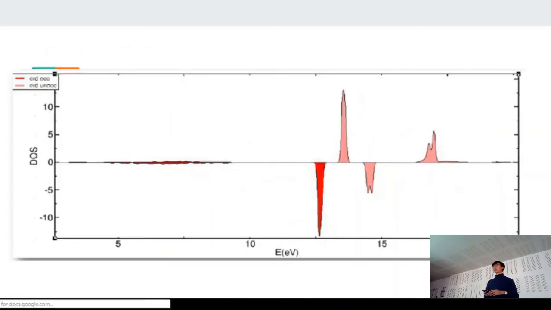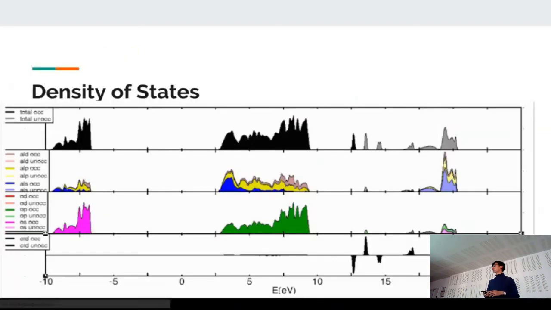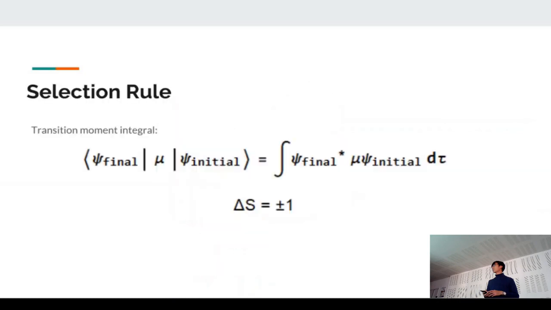Oh yeah, can we go back to the selection rules? So Professor, you were saying that for optical transition, the spin must always be conserved.